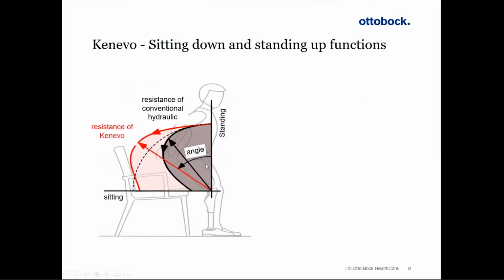So when we look at the resistance that a hydraulic knee produces, the typical hydraulic knee, and here the black curve represents the resistance curve for the CLEC.